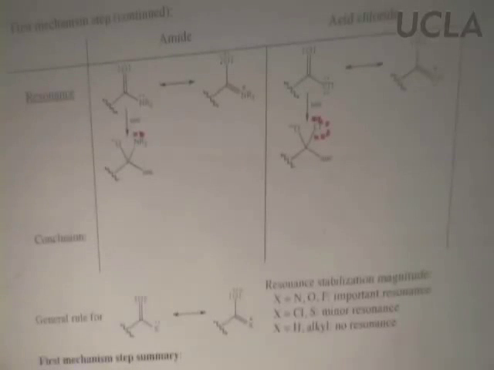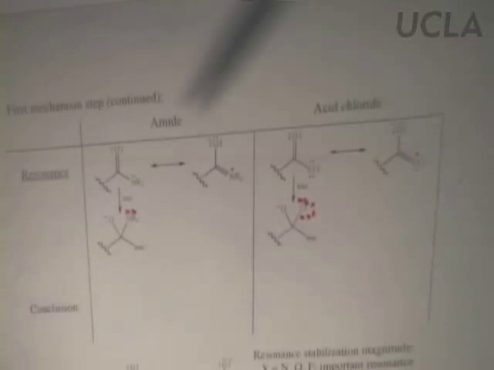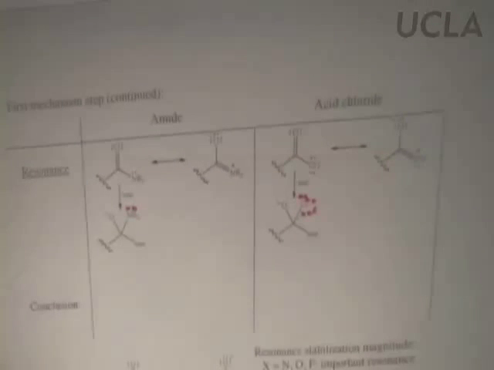In other words, amide resonance, carbonyl to nitrogen, is more significant, provides more stabilization, and is therefore harder to disrupt than the carbonyl to chlorine resonance. So there is a difference. They both have resonance. It's lost in both cases. But in the amide case, the resonance disruption is a greater disruption of stability. It comes at a bigger energy price, so this step is slower. And this step then is faster.